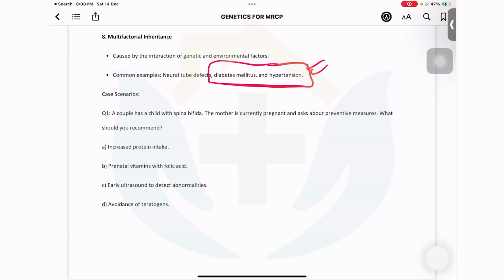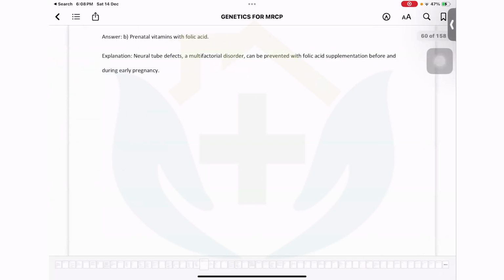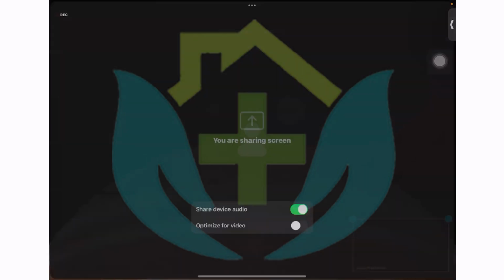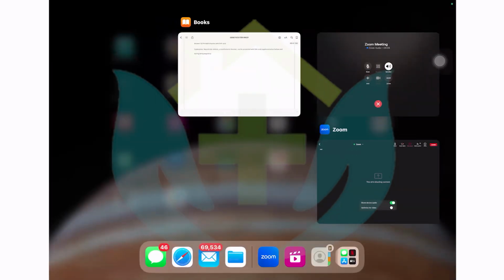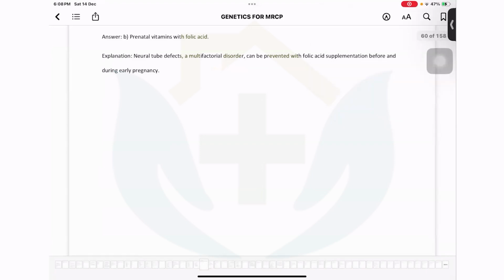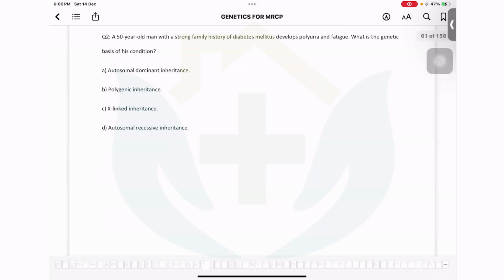Prenatal vitamins. We would like to give this patient a good dose of folic acid, so folic acid replacement we will do. Neural tube defects are a multifactorial disorder and can be prevented with folic acid supplementation before and during early pregnancy.